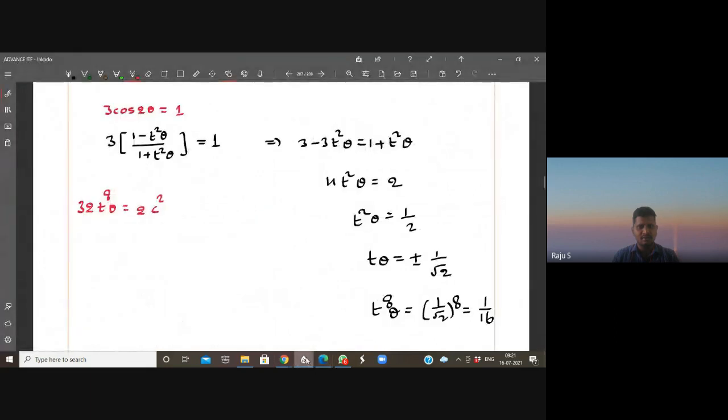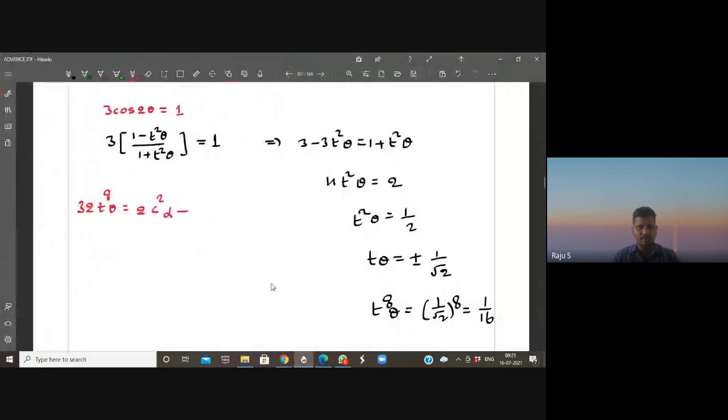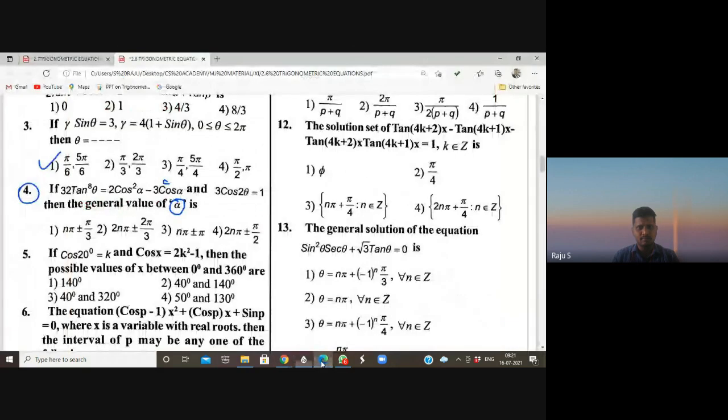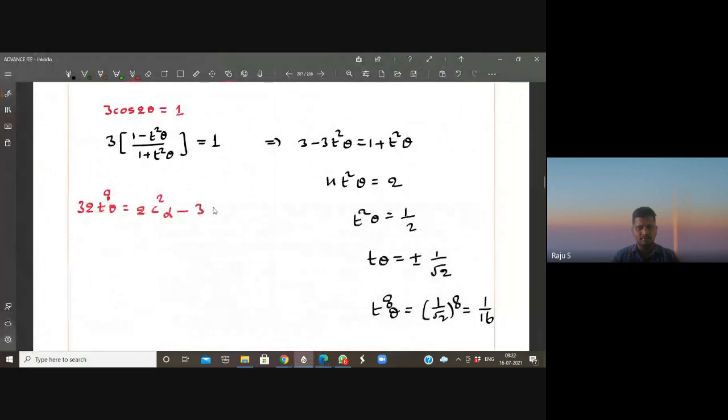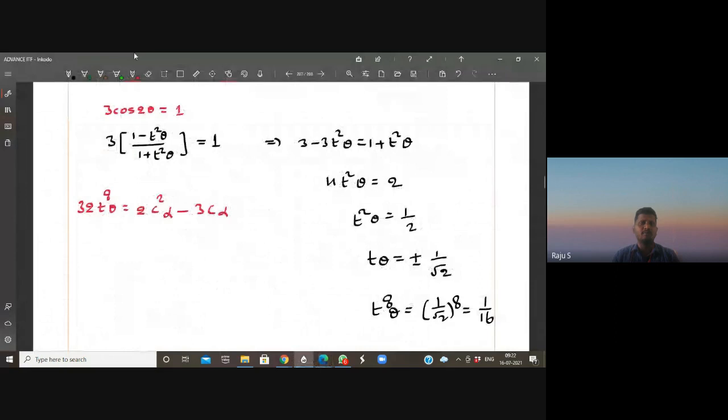So 2 cos square alpha minus 3 cos alpha. Right. Now substitute here. 32 times 1 by 16 is equal to 2 cos square alpha minus 3 cos alpha.